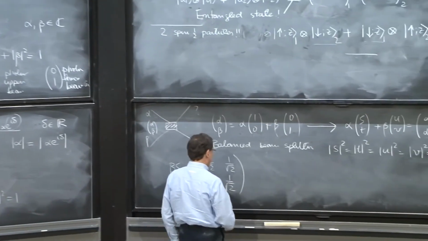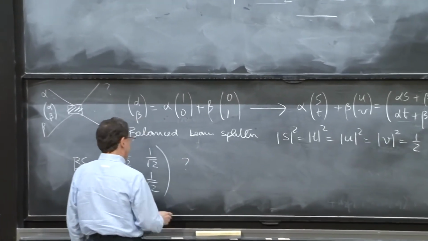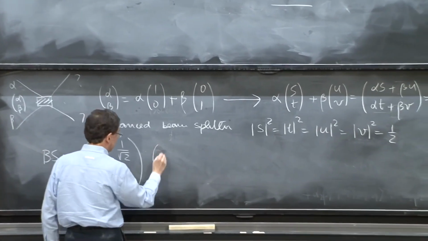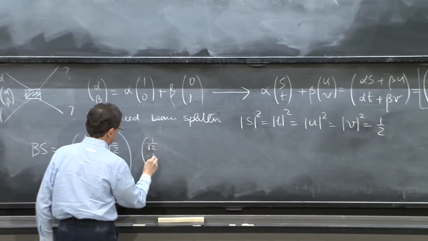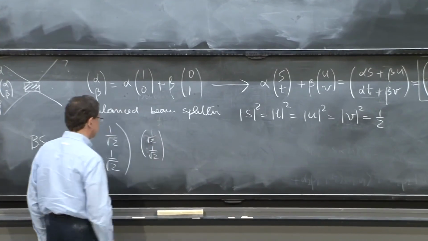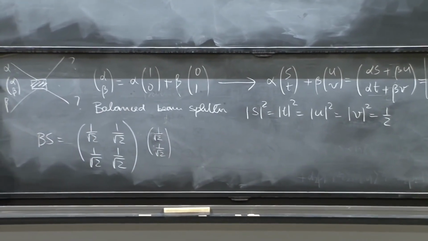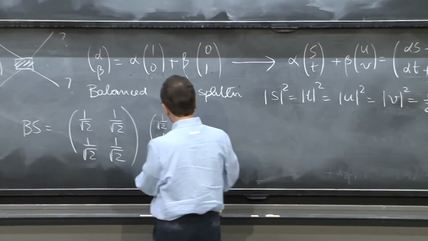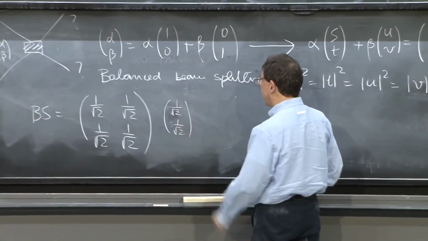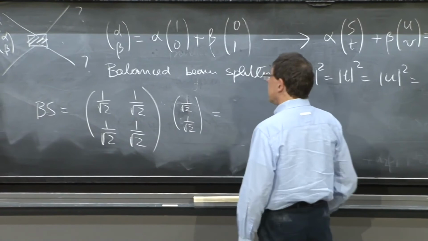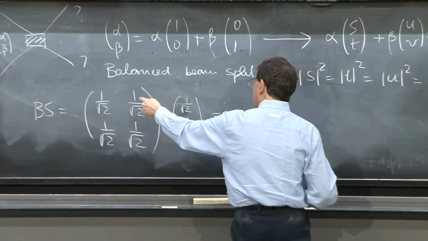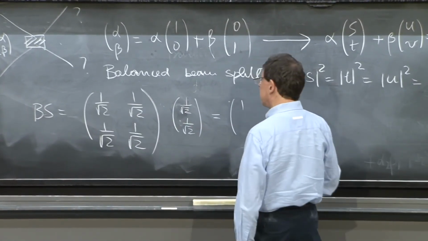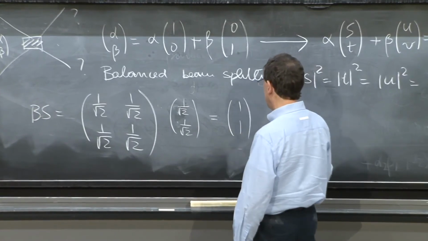So let's try acting on this state, 1 over square root of 2, 1 over square root of 2. Let's see. This is normalized. 1/2 plus 1/2 is 1. So I multiply. I get 1/2 plus 1/2 is 1 and 1.